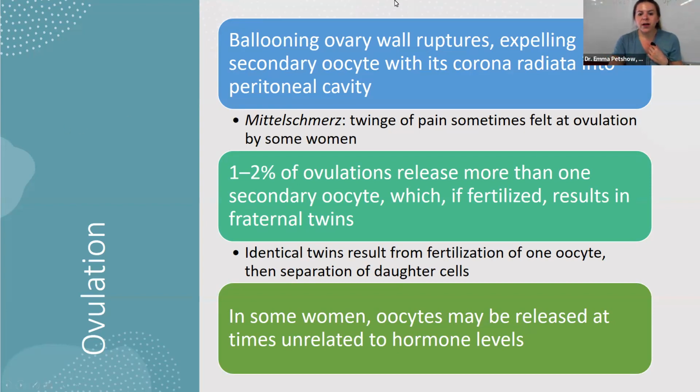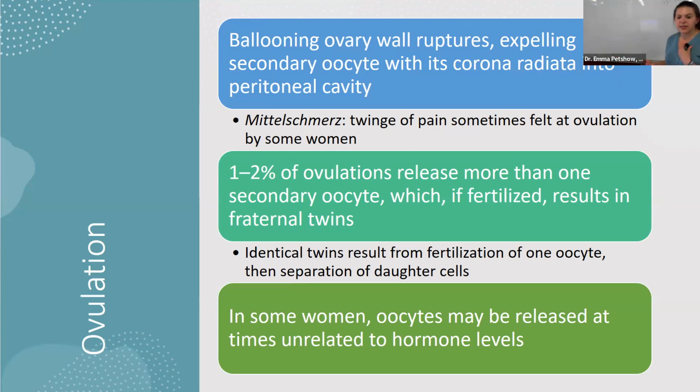Your ovary wall at this point will balloon out from this massive follicle that's been dominated by FSH and growing. That's when you expel your secondary oocyte with its surrounding corona radiata into the peritoneal cavity. Ideally, it gets taken up by your fimbriae and moved into your uterine tubes. If it doesn't, and it happens to meet sperm, that's how you can get an ectopic pregnancy in the peritoneal space.